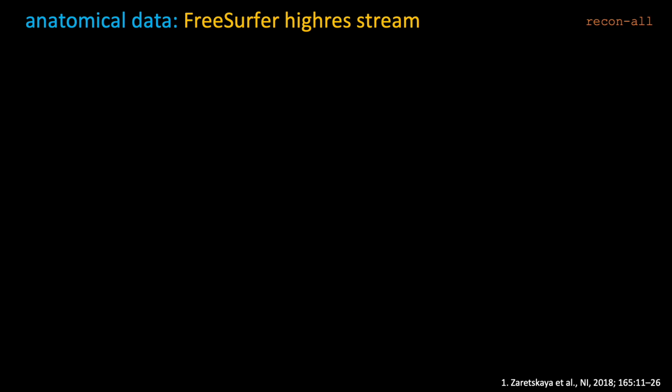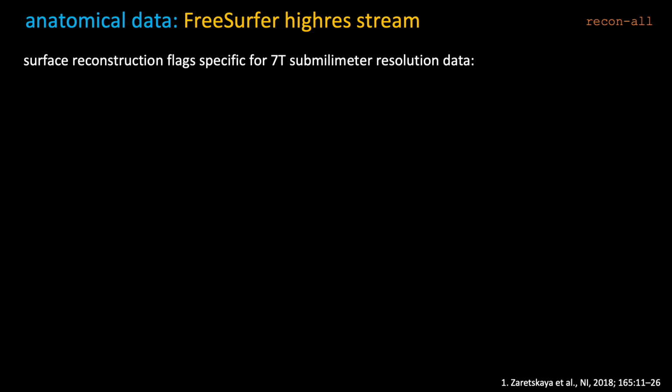And finally, a couple of perhaps the most important modifications to how you run Recon-All for sub-millimeter resolution data. And this is the high-res stream that has been developed by Natalia, cited below, who worked with John a few years ago. And these are the changes, as I said, that are specific to sub-millimeter resolution data.